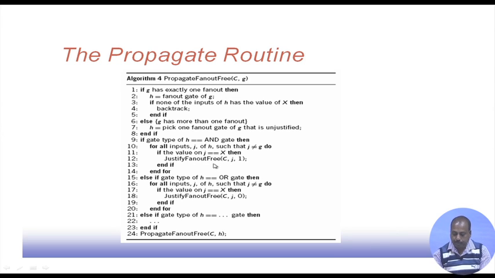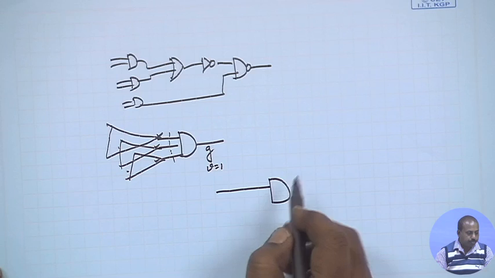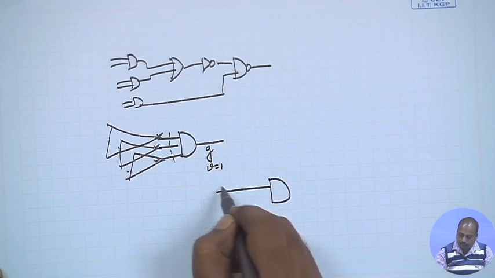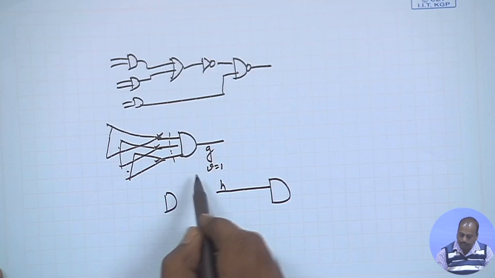So this is the line H that we want to propagate, coming from this AND gate, this line G.